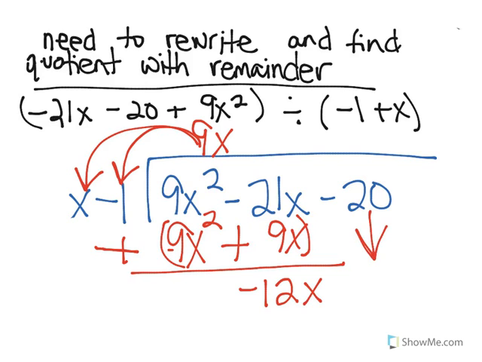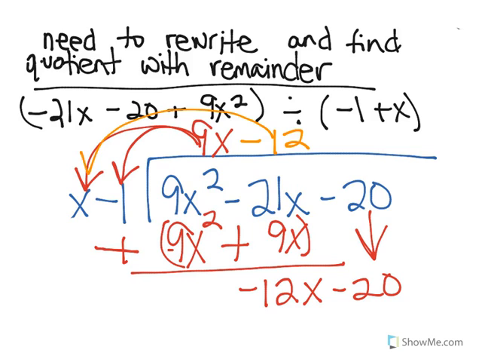And then we bring down our next term, minus 20. So my next part of my quotient will be minus 12.